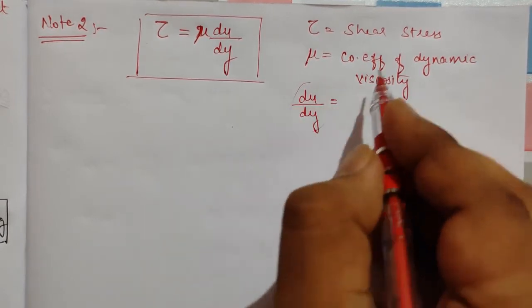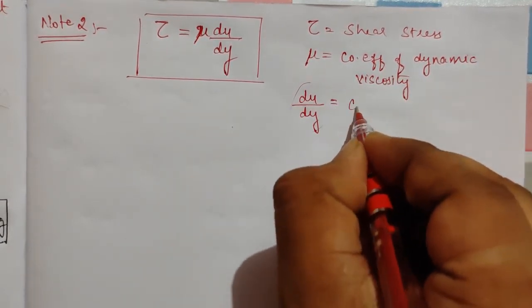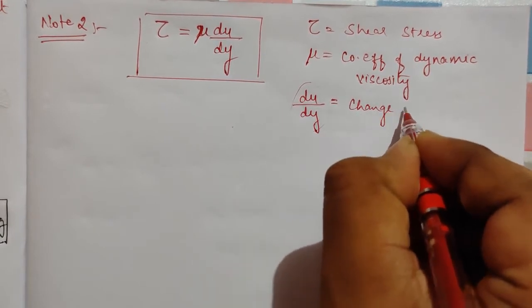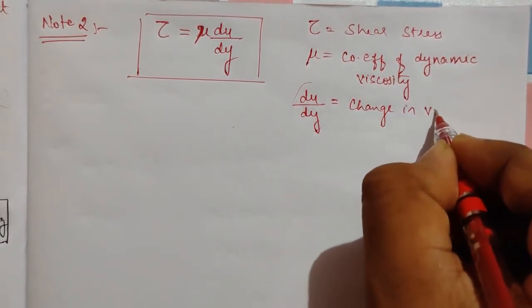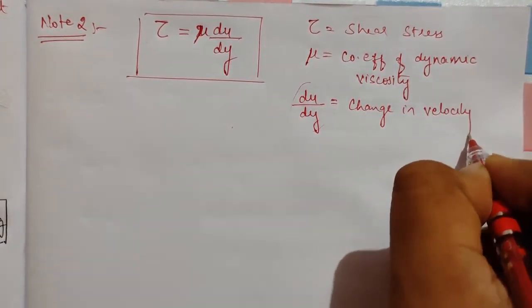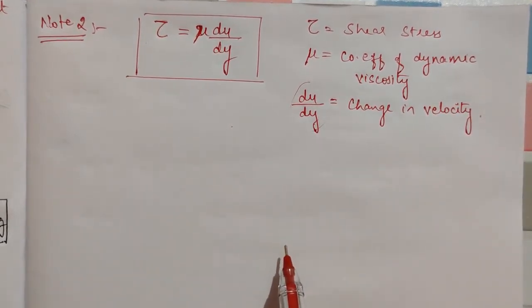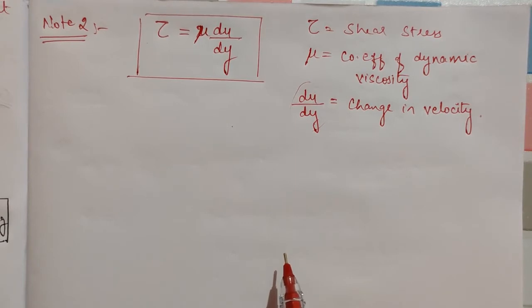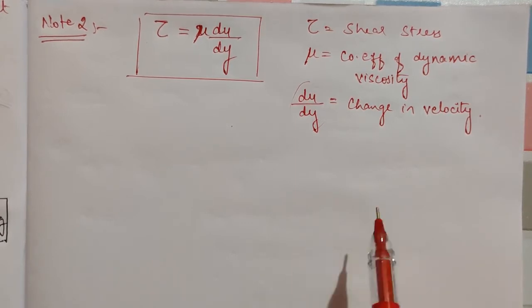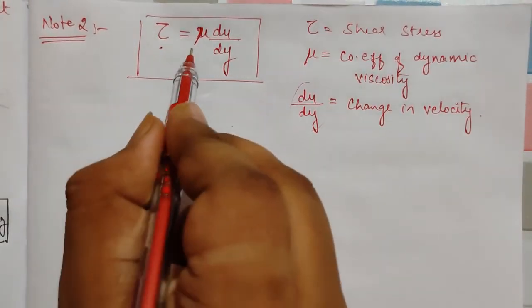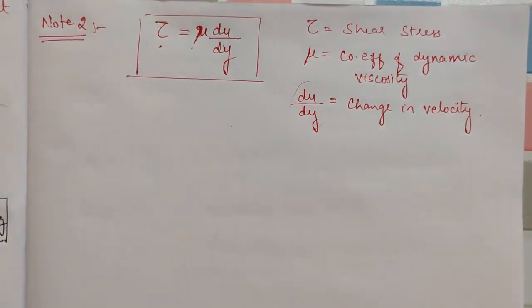It is nothing but the change in velocity, or it is also called as velocity gradient. Okay, so the difference in velocity per unit distance between two layers is called as velocity gradient. So tau is equal to mu into du by dy. It is one of the formula.